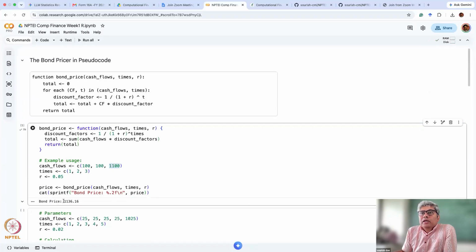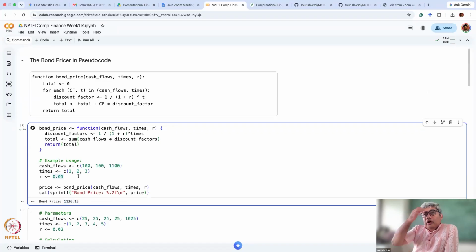And you can see that the bond price here turns out to be 1136.16.